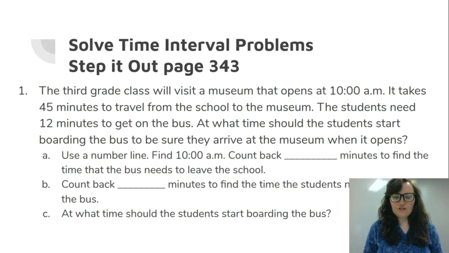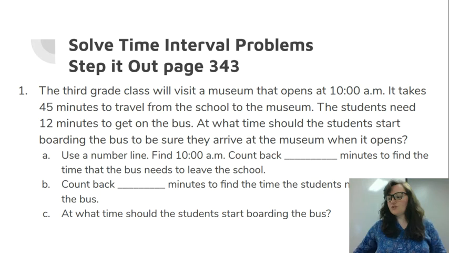Count back 57 minutes to find the time that the bus needs to leave the school. So it says B, count back blank minutes to find the time the students need to board on the bus. Well, we went ahead and totaled that. So A, I guess, should be count back 45 minutes. And then B is 12.